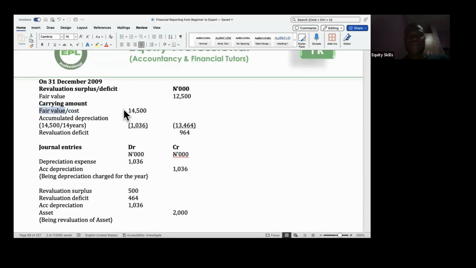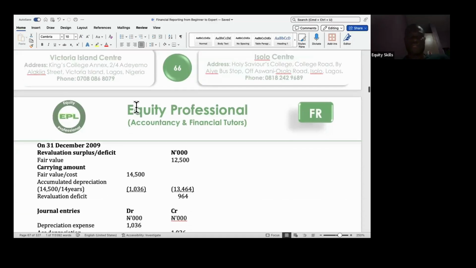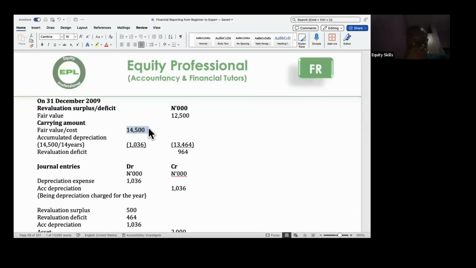And from last year, the latest value of the asset was 14.5 million. That's in 2008. That's what will be in our asset account. So 14.5 million, deduct the accumulated depreciation, which will be the fair value divided by the remaining useful life, which will be 14 years. Because last year, the remaining useful life was 15. So this year, it should be 14.